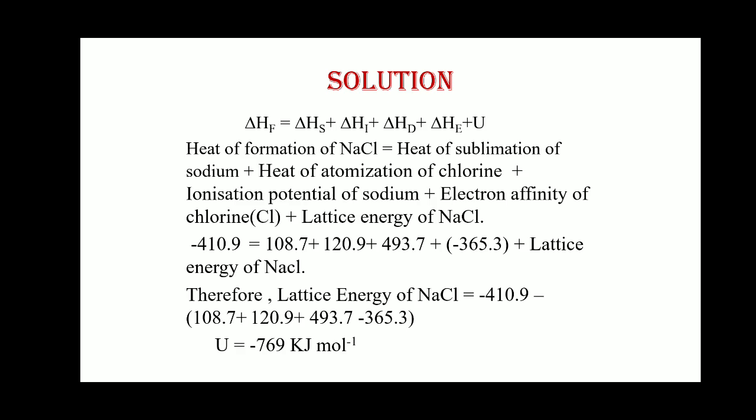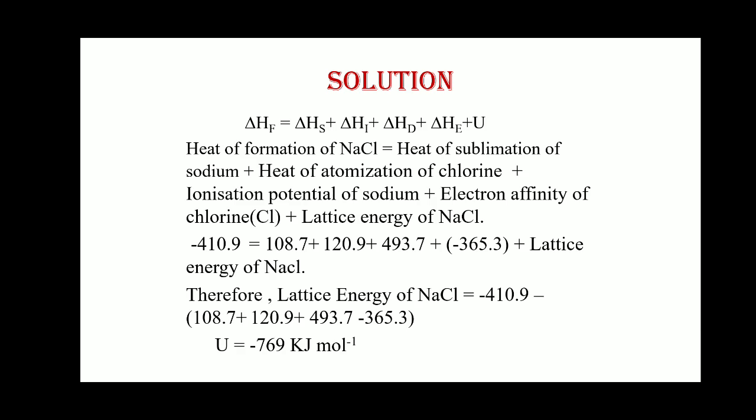Now delta HF is the heat of formation. What is heat of formation? It is the energy used when the reactants form products by the direct method. Now what are these other delta H's?